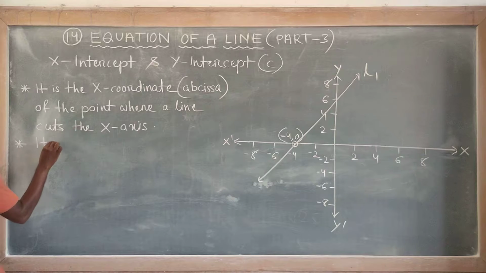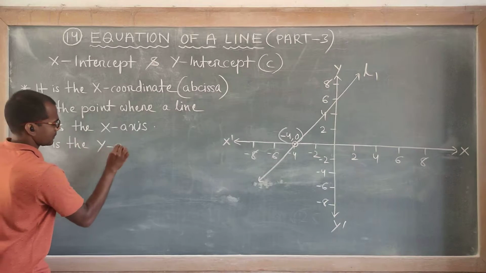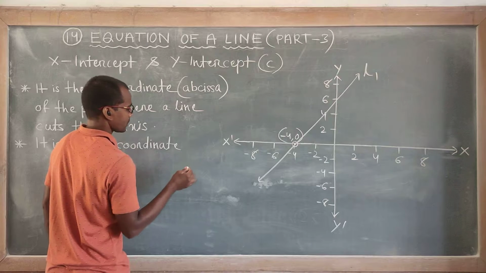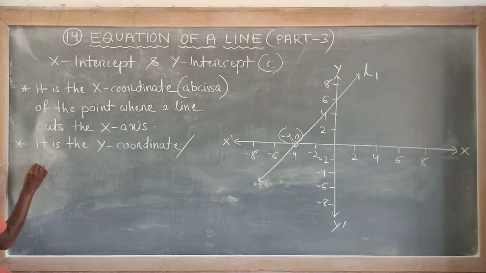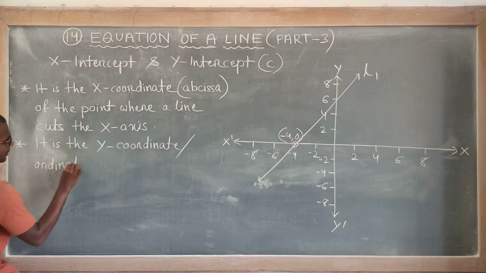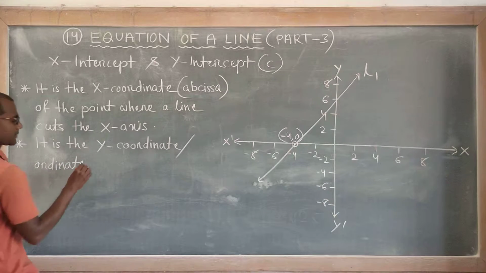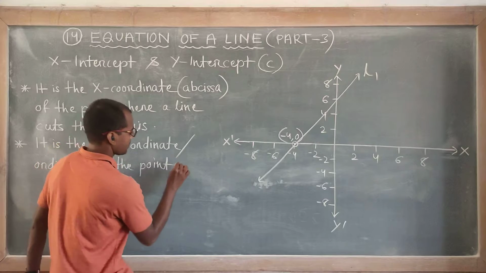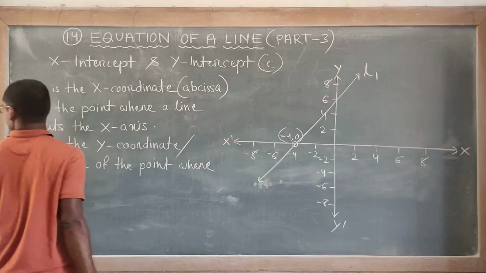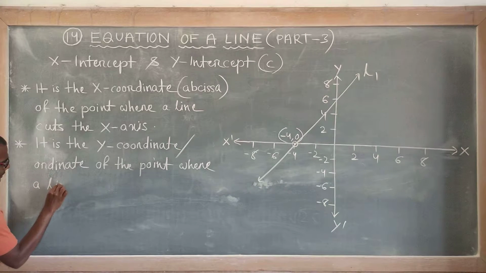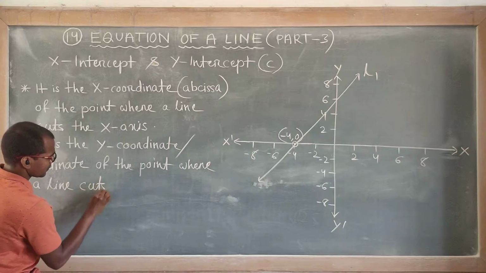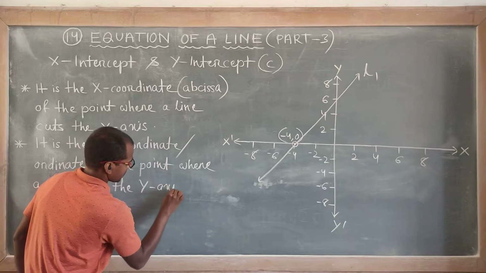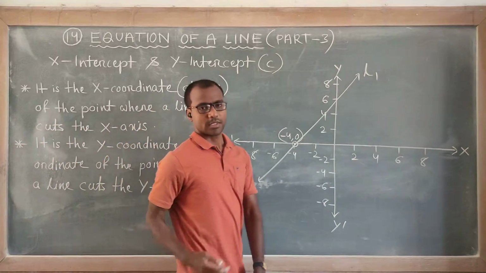It is the y coordinate or ordinate of the point where a line cuts or intersects the y-axis. Y coordinate is also known as ordinate, O-R-D-I-N-A-T-E. Ordinate of the point where a line cuts the y-axis, just like X intercept.